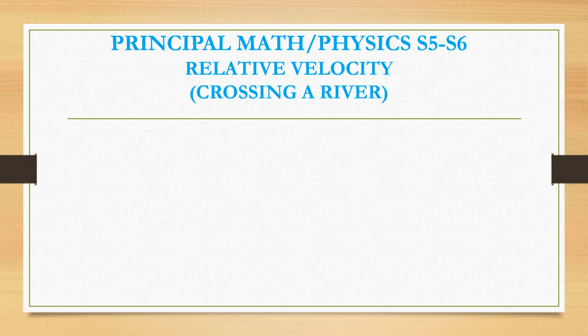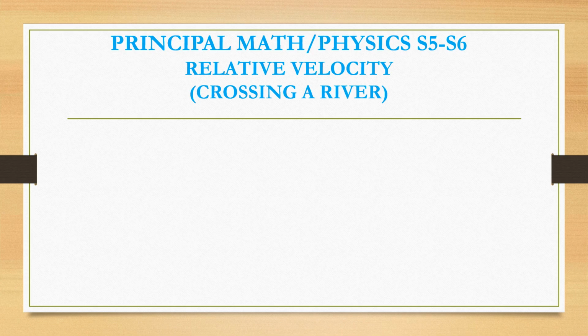case where someone is to cross a river with the target of landing at a certain spot on the other bank, but that spot is actually directly opposite to him. At what angle shall this person row the boat? And above all, what will be the relative velocity with which he is to sail the boat?